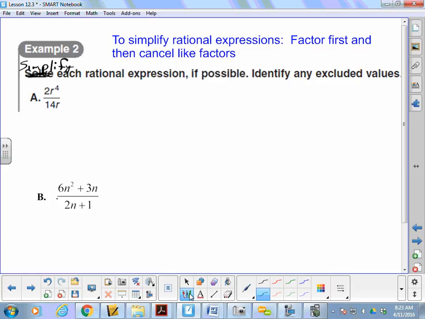So we change the numerator to a 1 and the denominator to a 7. And r to the 4th over r, how many r's can we cancel? 1 r. So this r cancels and we make that a 3. So we get r cubed over 7.